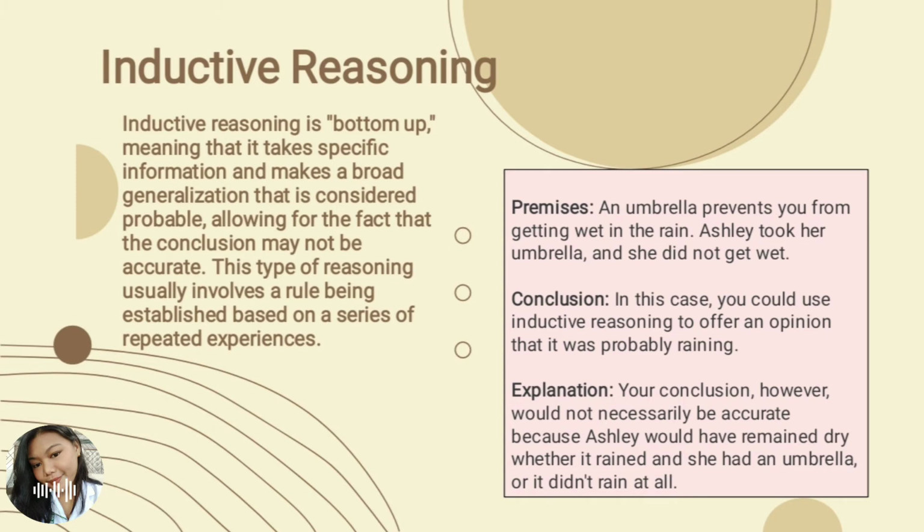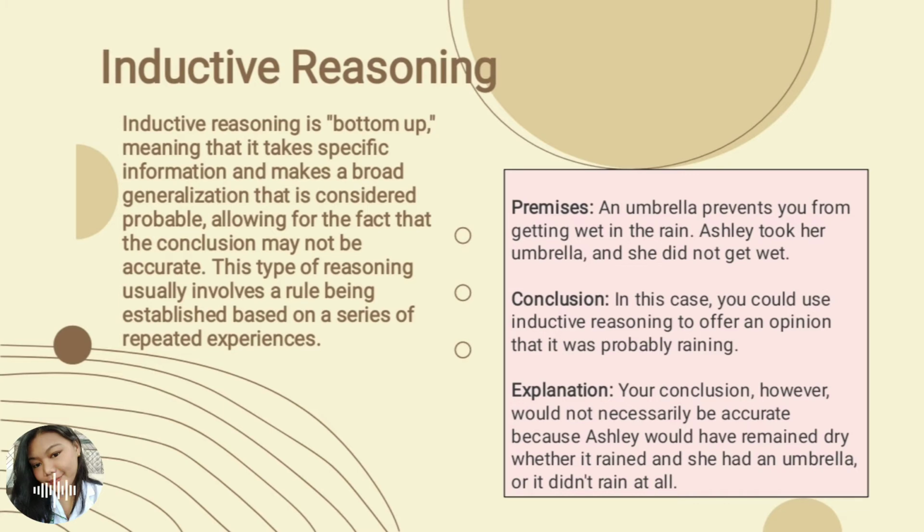As you observe in the example, an umbrella prevents you from getting wet in the rain. Ashley took her umbrella and she did not get wet. So maybe you could give your opinion on that. It's because whether it rained and she had an umbrella or it didn't rain at all, Ashley would remain dry. So that's the meaning of inductive reasoning.